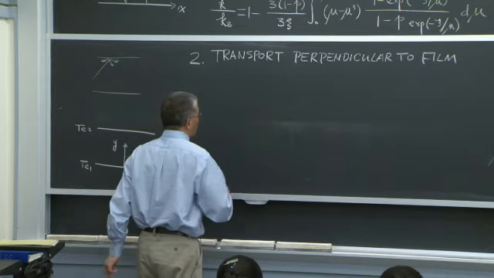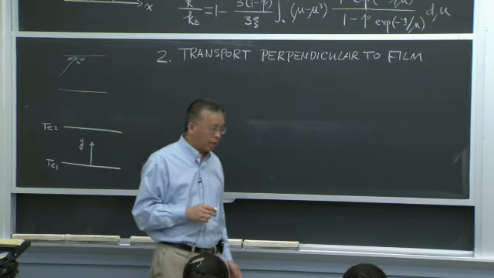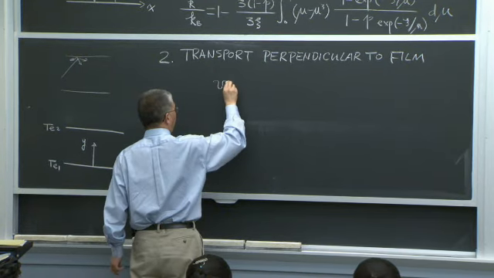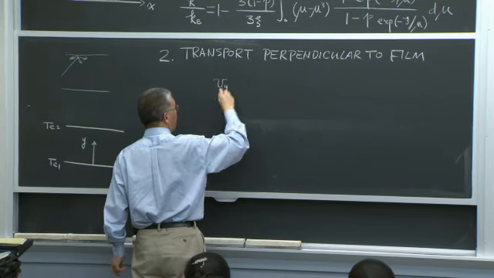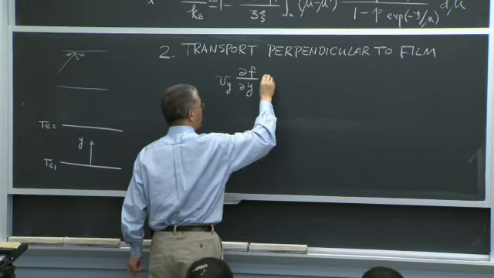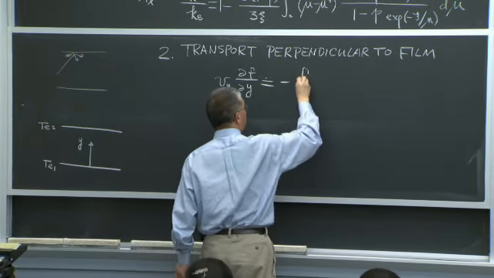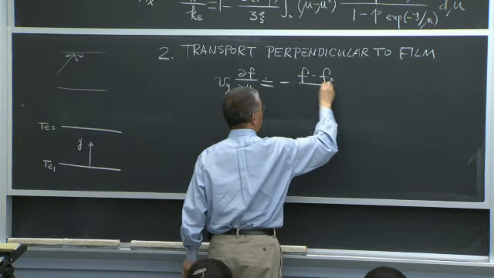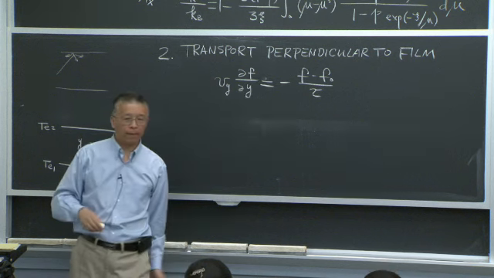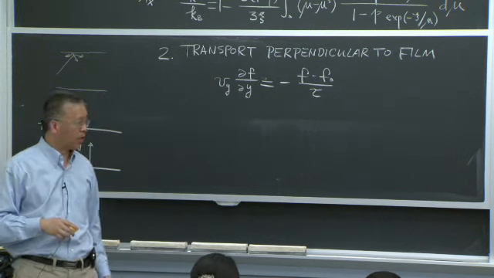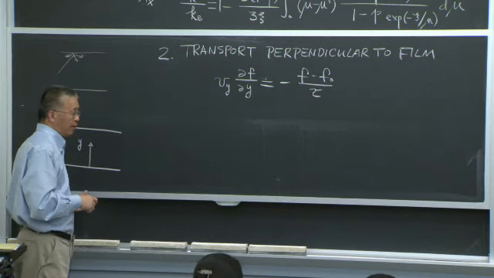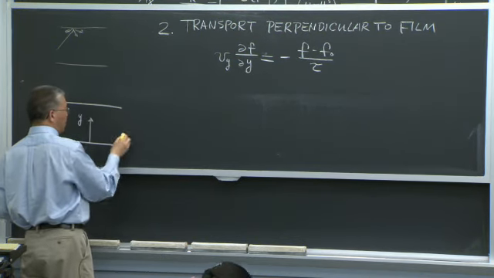I write down the Boltzmann equation under the relaxation time approximation. So here I have V_y ∂f/∂y plus f equals minus f0 divided by tau, because in this case my equivalent temperature changes as a function of y.